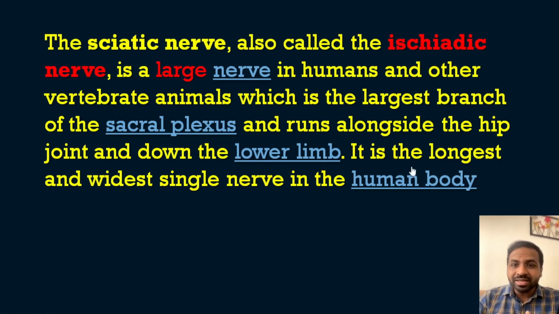It is the longest and widest single nerve in the human body. So you are getting a bunch of information regarding the sciatic nerve. The other name for the sciatic nerve is the ischiatic nerve. It is the largest nerve in humans and other vertebrate animals, it runs along the hip and down the lower limb, and it is the longest and widest single nerve in the human body.